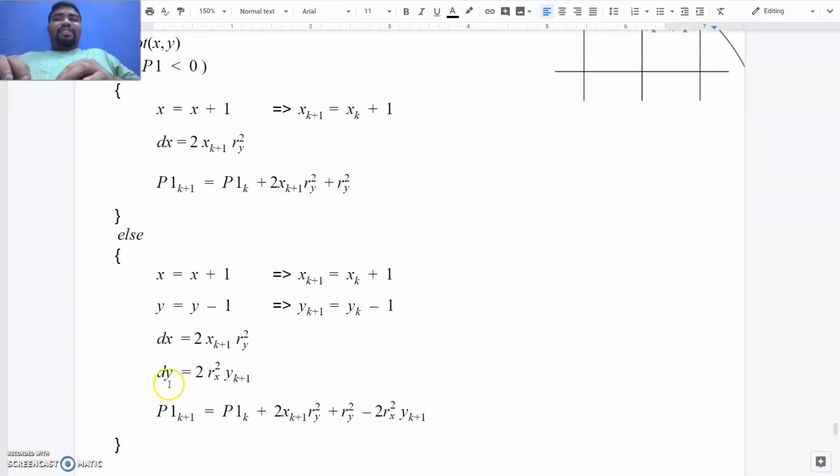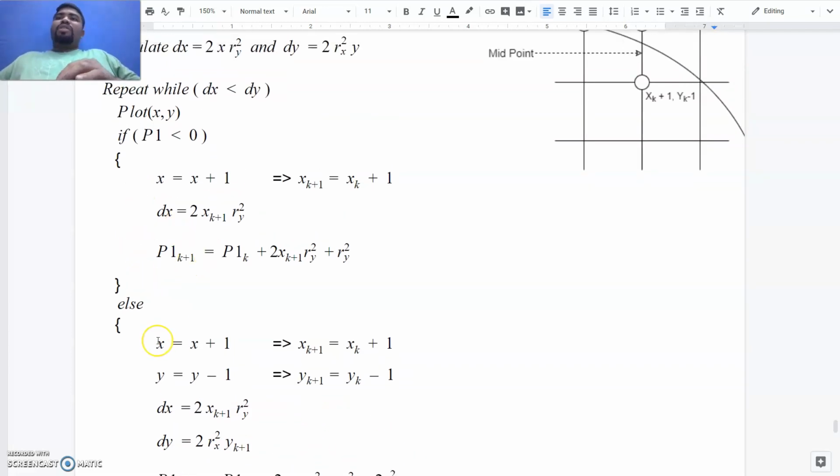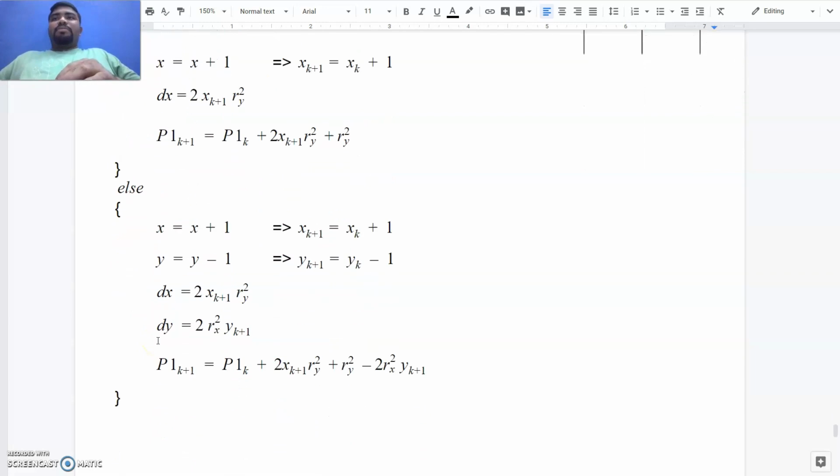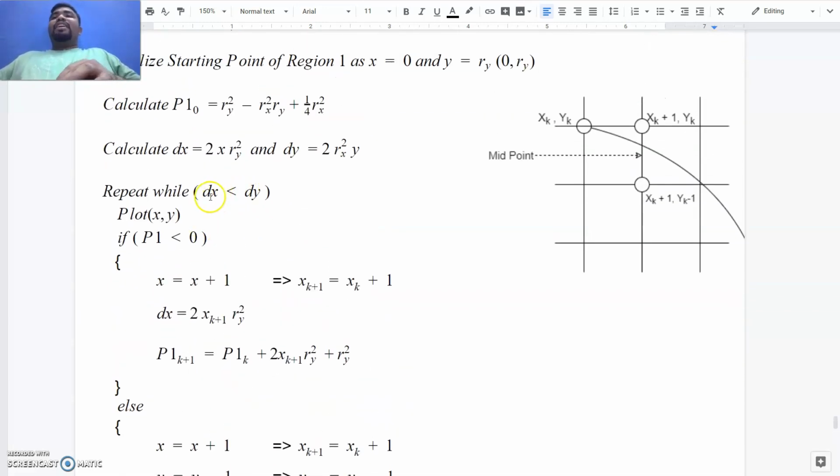If dx is less than dy, then we'll continue again. We'll calculate the next decision parameter using the value of the decision parameter that we have derived before. We'll again go inside the if statement or the else statement, depending on the outcome. We'll keep solving this as long as dx is less than dy. As soon as we have dx equal to dy or greater than dy, we'll stop. And that's when we get the initial point for region 2. So that is the last point of region 1 and the starting point of region 2.